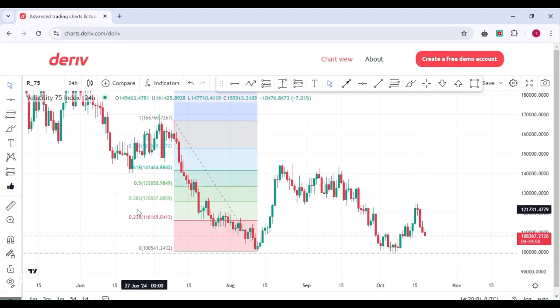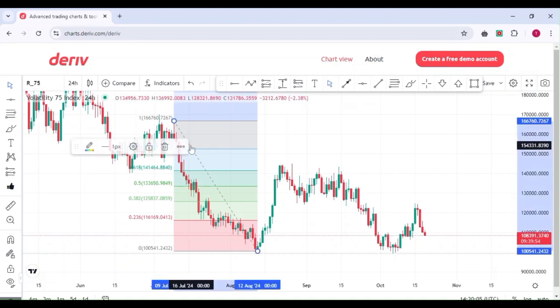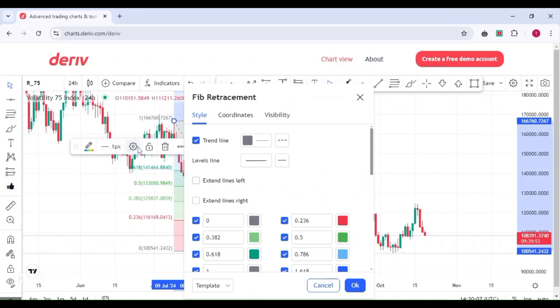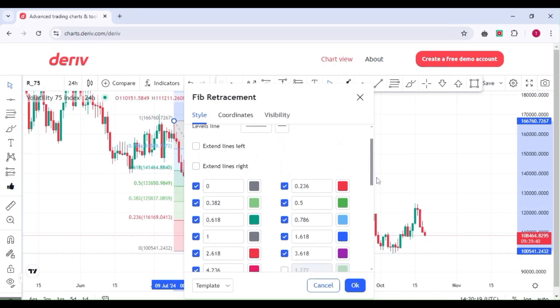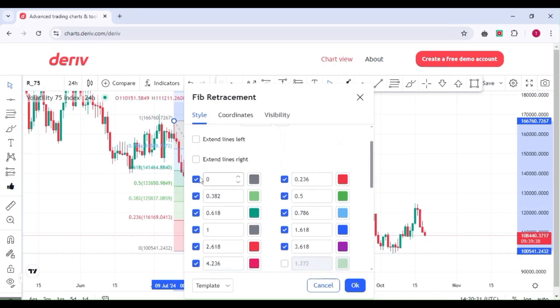So they have interpreted it. You can just double click at that point, go to the settings, and then you can remove all the unnecessary marks. So if we want the 23%, we want this 0, then we want the 23.